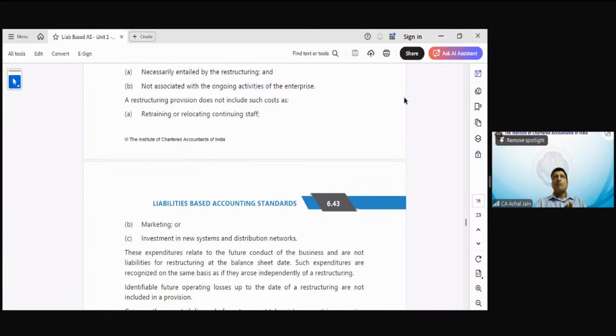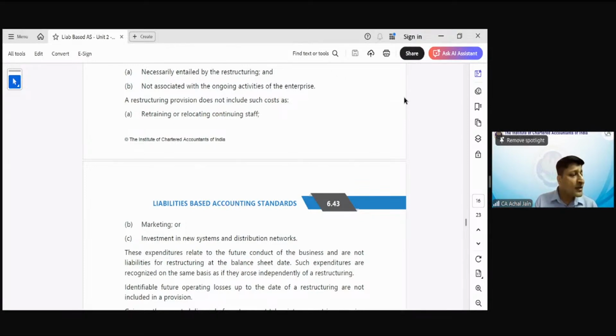Now, what could be the costs for this active search of a buyer? Some costs may have to be incurred. When you move some of the employees who were working in that location, you may be required to pay some amounts to them. Or maybe you are moving some employees from Unit 3 to Unit 1 or Unit 2, so their movement costs. Any of the costs which are associated with the restructuring, that is what you call restructuring expense.